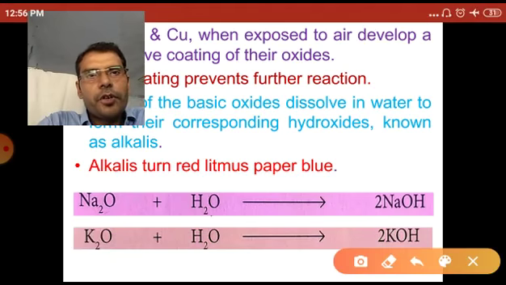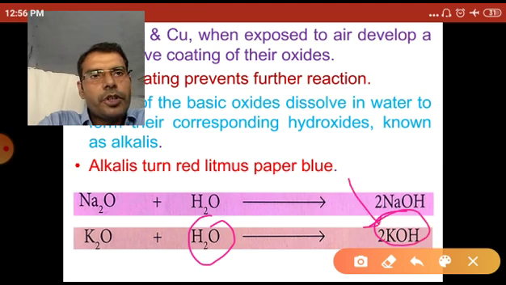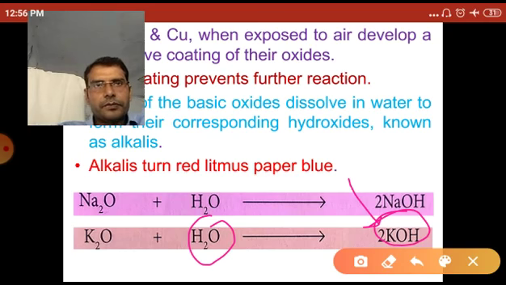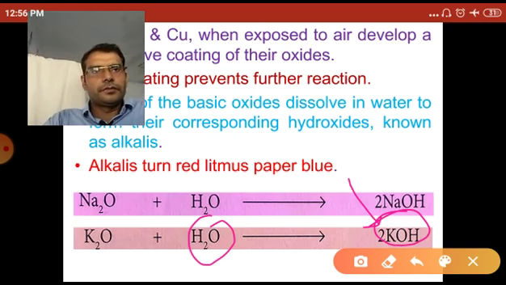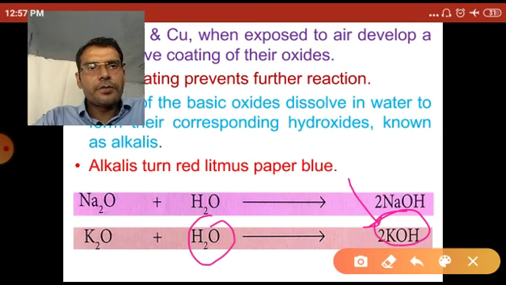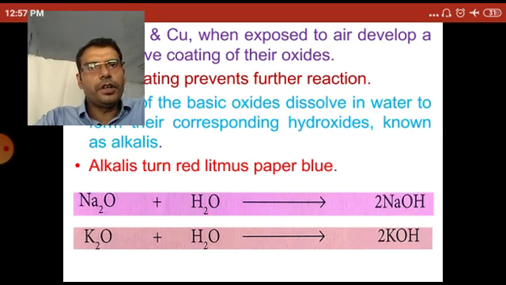Potassium oxide, when dissolved in water, forms potassium hydroxide, a soluble base, and that potassium hydroxide is called an alkali.